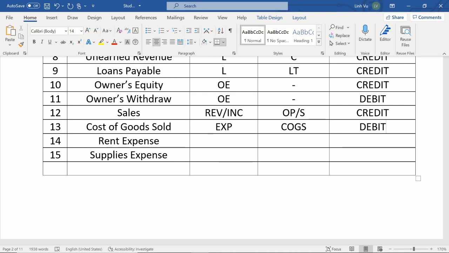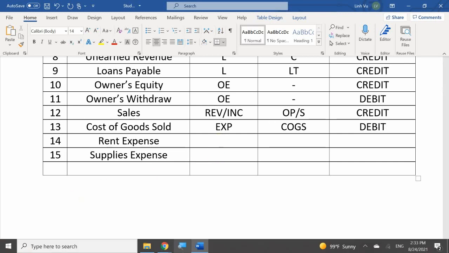Okay. What about rent expense? What kind of account would rent expense be? An expense. Yes, it is.